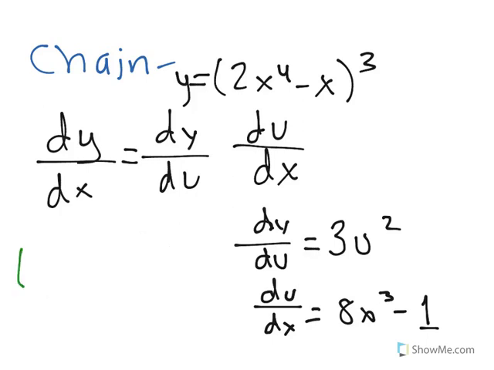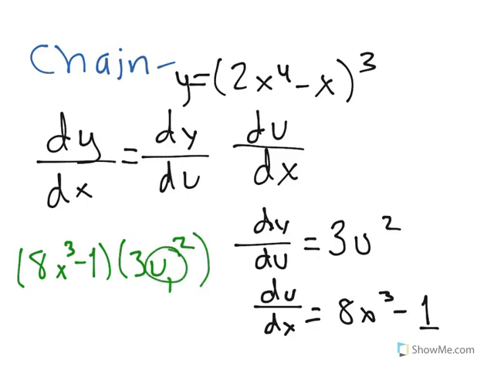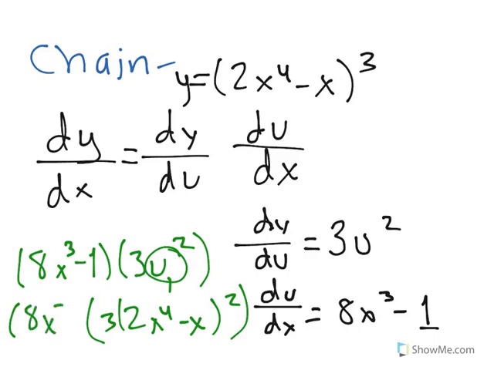So that's 8x cubed minus 1 times 3u squared. But we know that u is actually 2x to the fourth minus x. And so we have figured out our derivative.